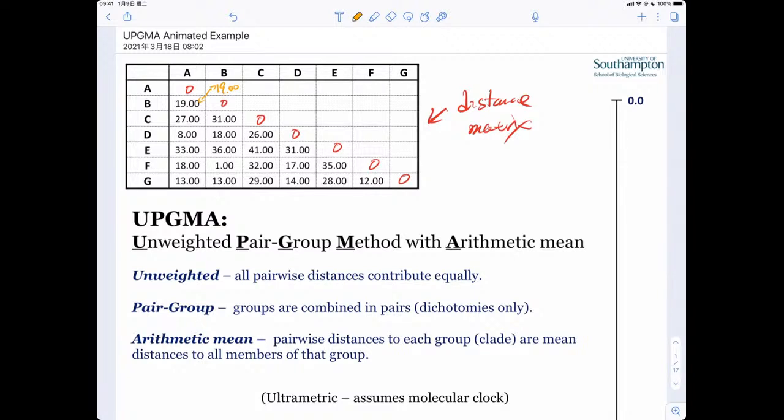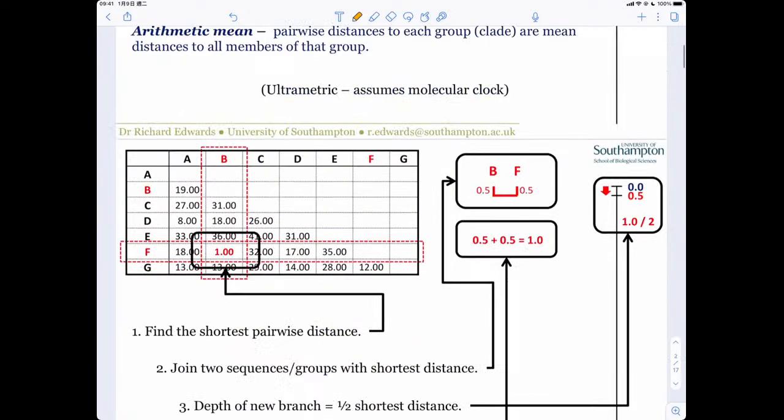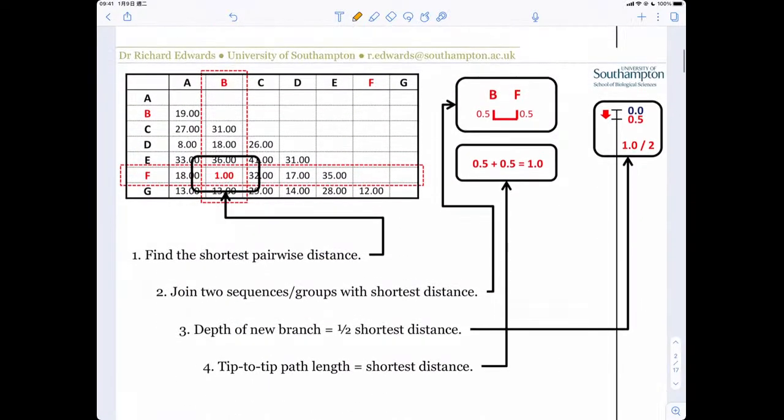Okay, let's go step by step. Follow my steps. Since we have the distance matrix of these 7 different data points and would like to cluster the similar data points, the first step is to find the smallest, the closest distance in this matrix, which is right here, B and F, right?